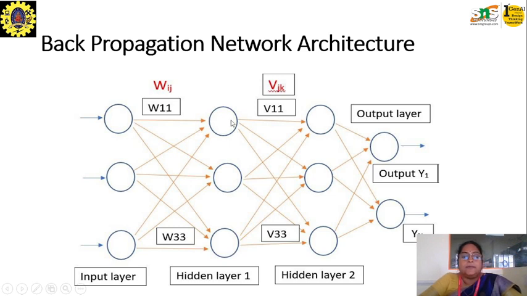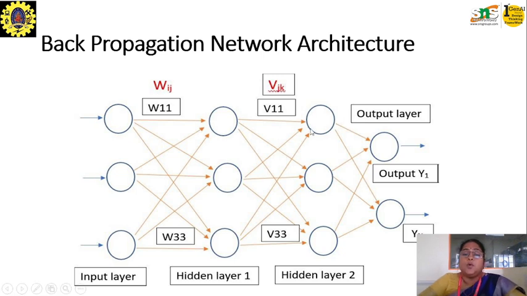The next layer receives the output of the first layer. This is hidden layer 1, and each hidden layer computes its own operations. This is the weight associated with the hidden layer, Vjk, and the output of hidden layer 1 will be transmitted as an input to hidden layer 2.